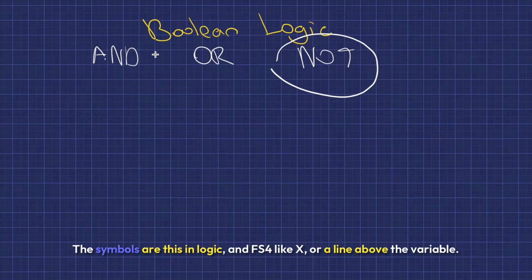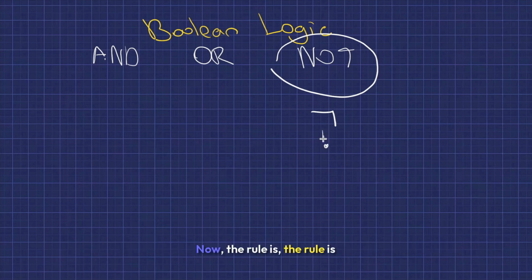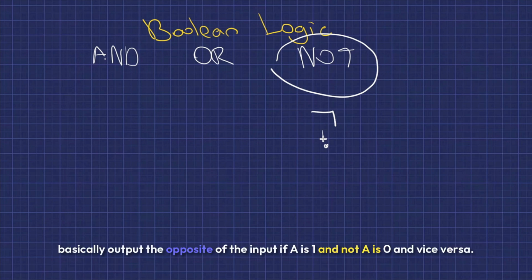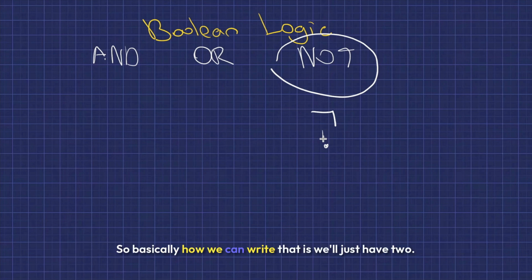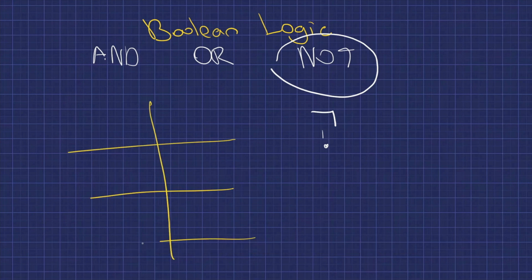The symbols are this in logic, and often for X, a line above the variable. Now the rule is basically output the opposite of the input. If A is 1, not A is 0, and vice versa. So basically how we can write that is we will just have a table.